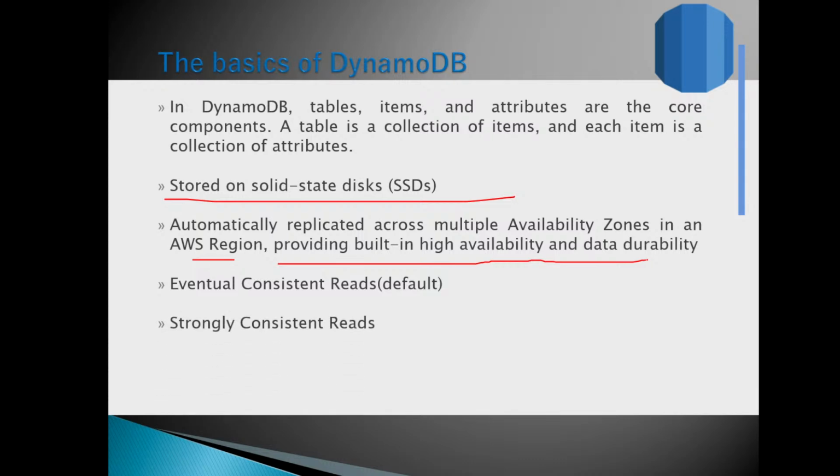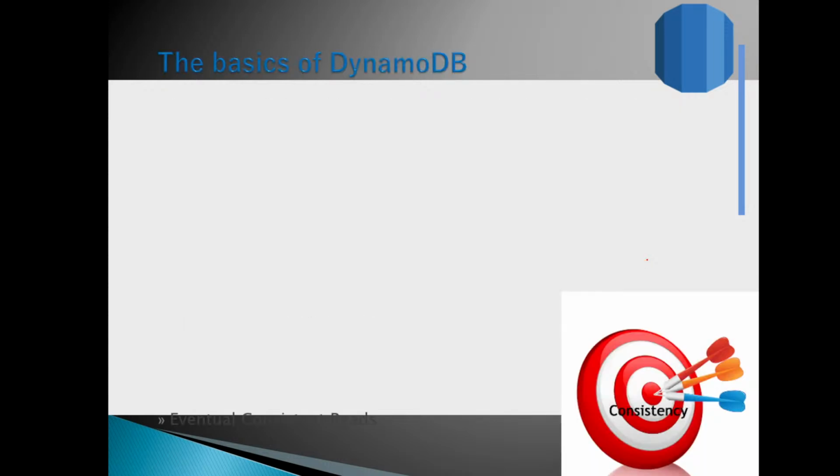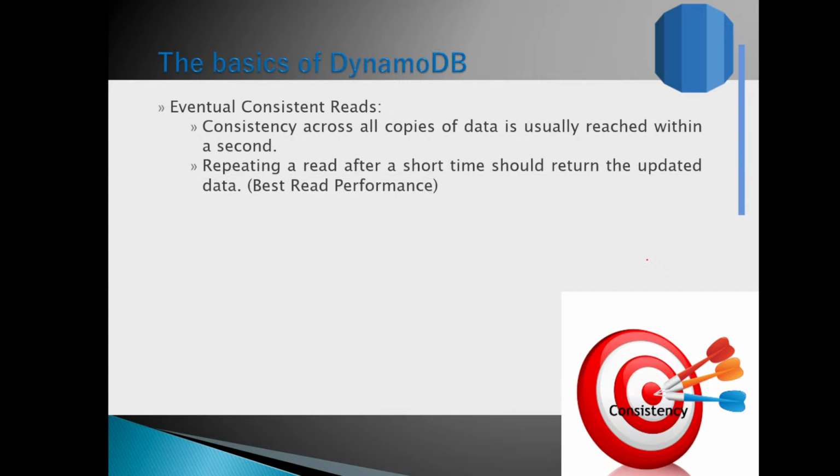Now eventual consistency and strong consistency. We have talked about consistency previously in detail, I will talk about it a little more. So with eventual consistency, while reading and writing the data there will be a little difference, a little delay. If you are creating a new entry and you read it immediately, you will get the latest information.